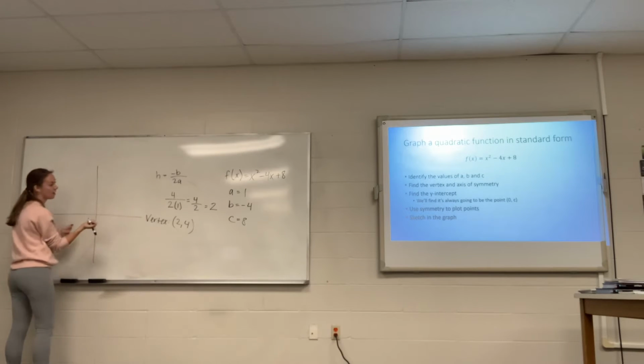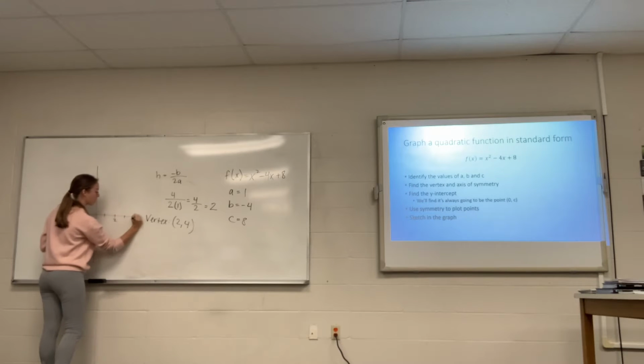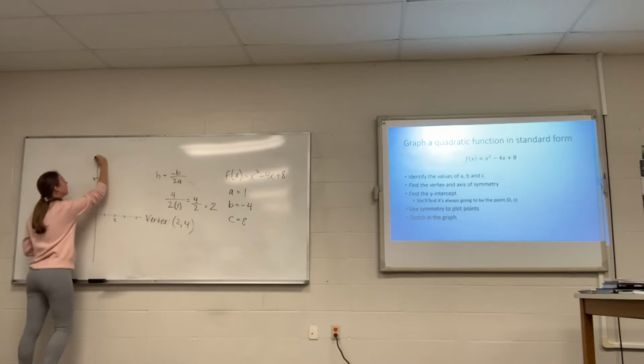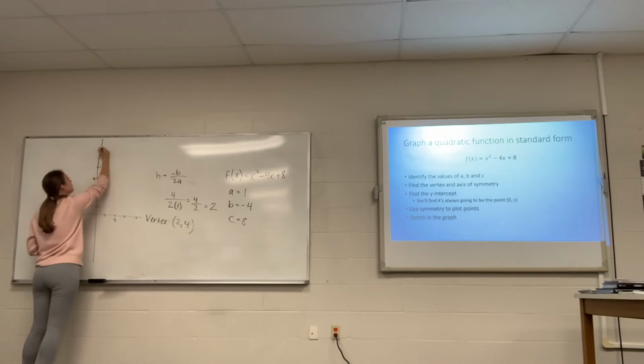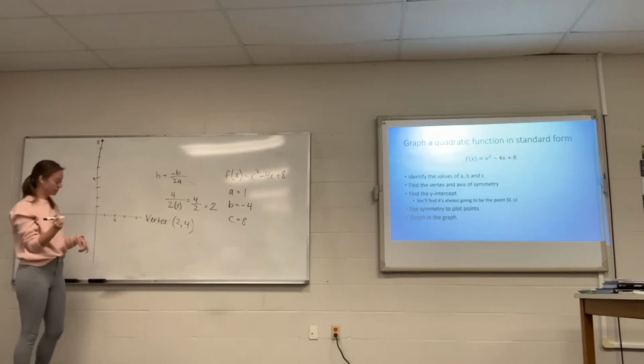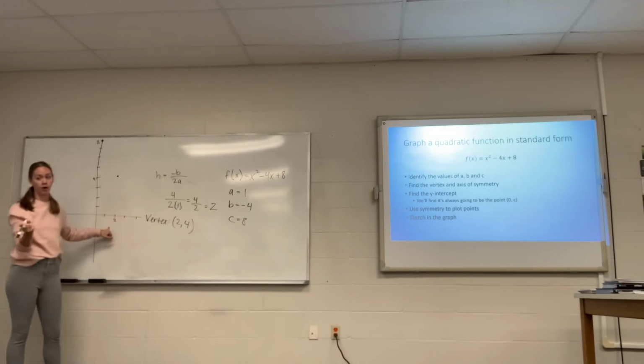Okay, so I have a vertex at 2, 4. And I have a y-intercept at 8. Okay, so I plotted my y-intercept up here at 8, and I plotted my vertex at 2, 4.